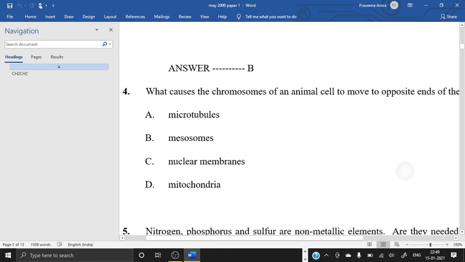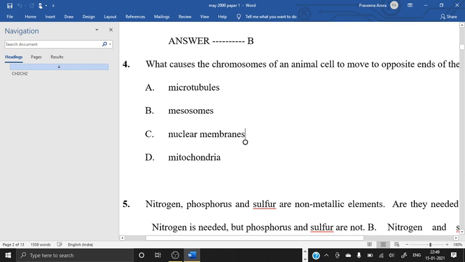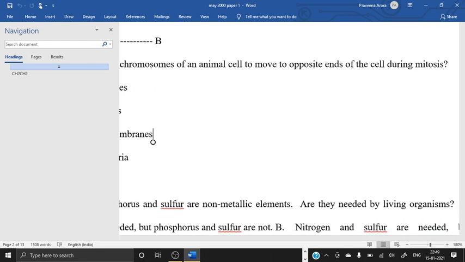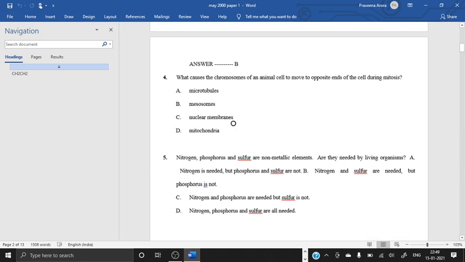The fourth question is, what causes the chromosomes of an animal cell to move to opposite ends of the cell during mitosis? Answer over here is A.